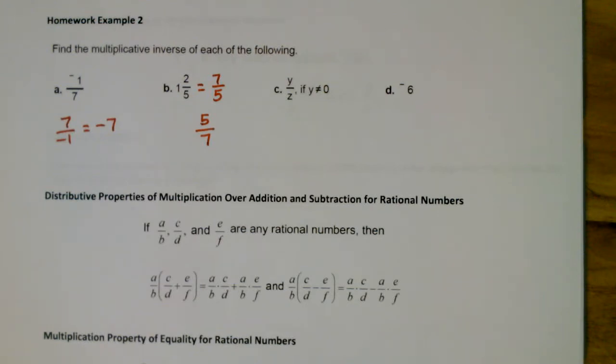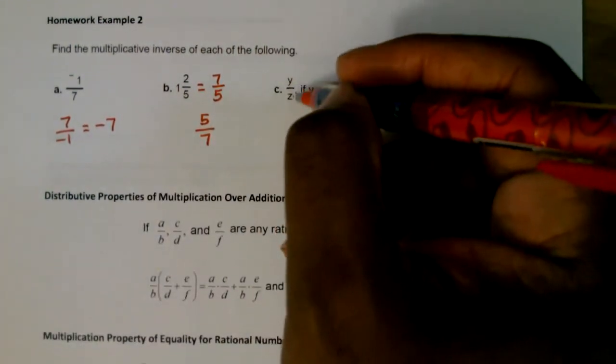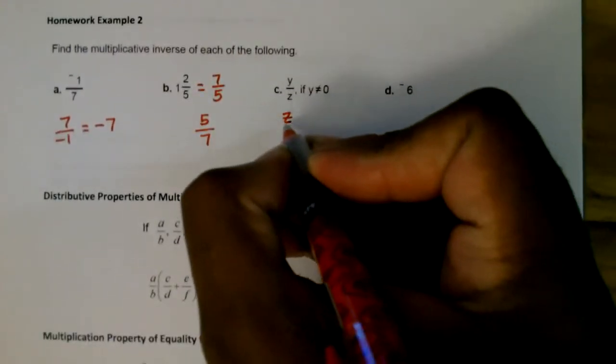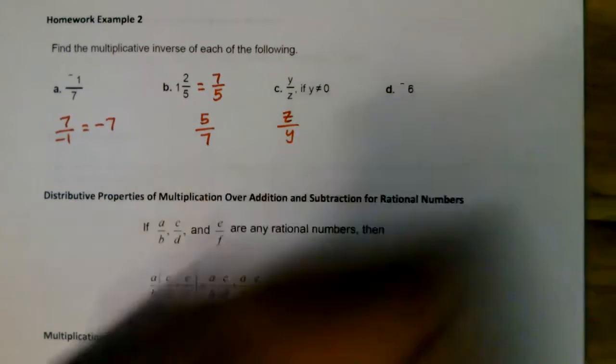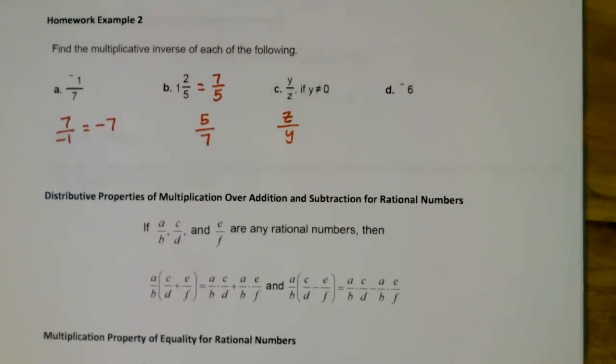Now part C, we got y over z, and the restriction here is y is not equal to 0. Well, if y is not equal to 0, we can take the reciprocal of y over z. So it'll be z over y. That's all there is to it. And then for part D, -6.